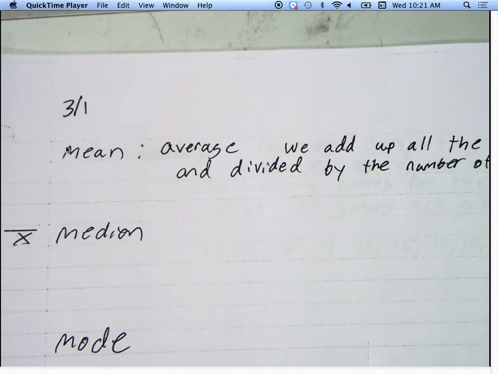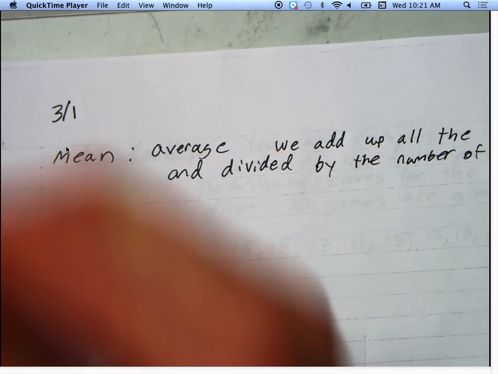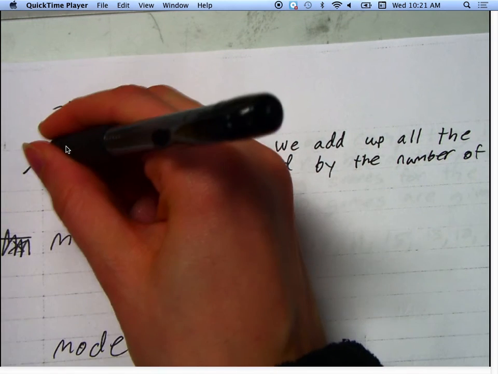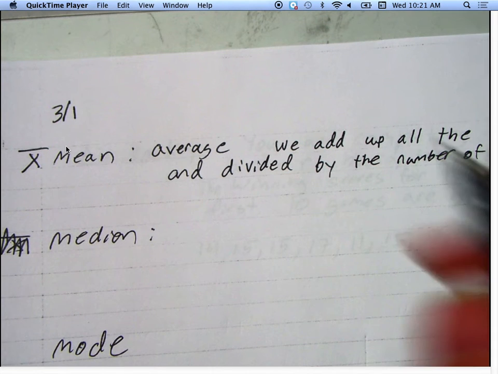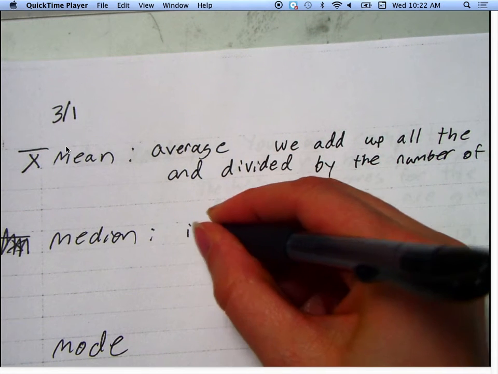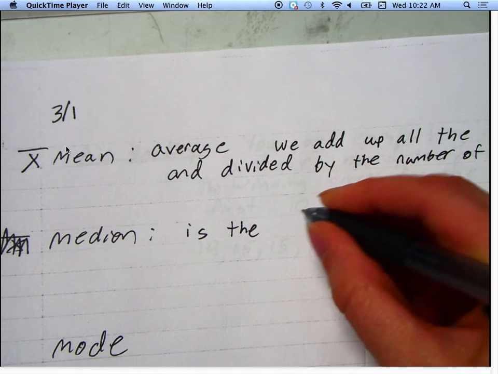What does median mean? Who wants to try to define the definition of a median? Go ahead, Ethan. No, it's whatever is in the middle. And if there's two, if it's even, then you add the two in the middle, then you divide by two. Okay. Median is the term in the middle.